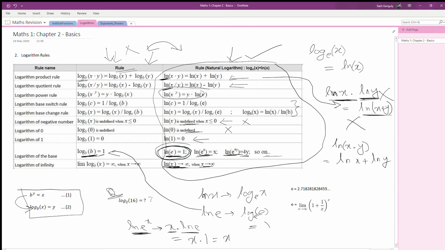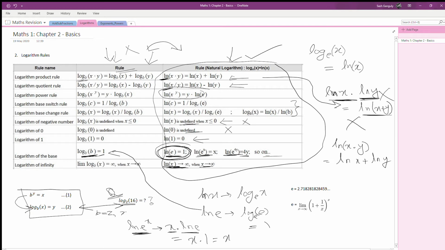What is this equal to? So if I compare this with equation number 2, my b is equal to 2, right? x is equal to 16.